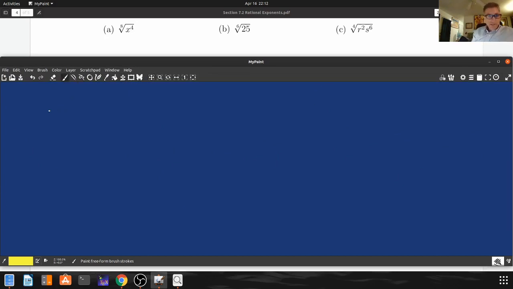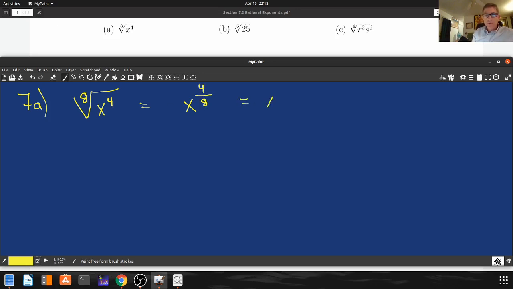So let's look at what number this is. This is 7a. So I'm looking at the 8th root of x to the fourth. Well, that is by definition x to the 4/8. So my index becomes my denominator, and my power becomes my numerator.